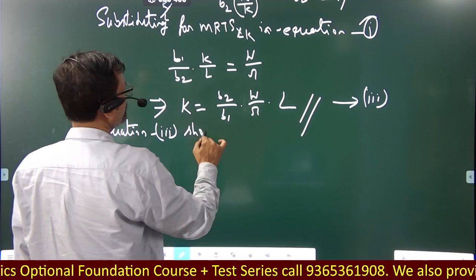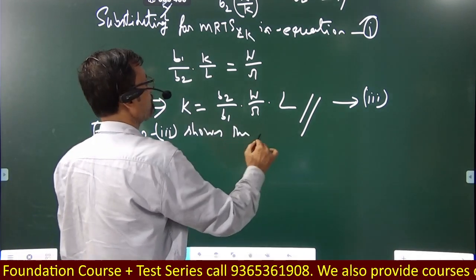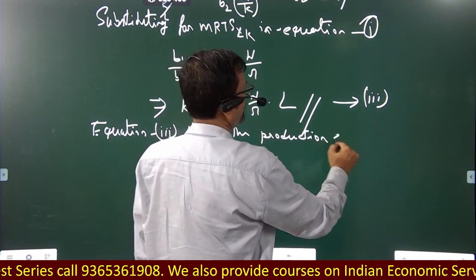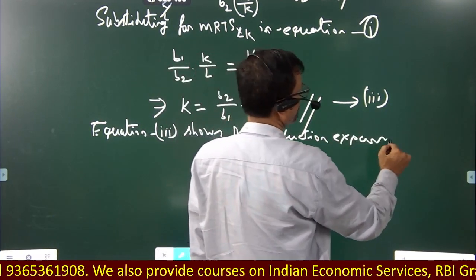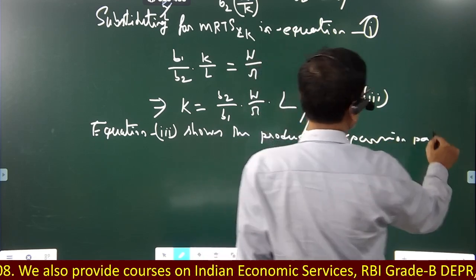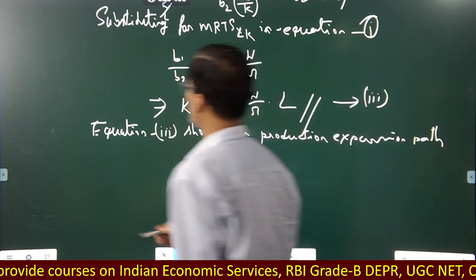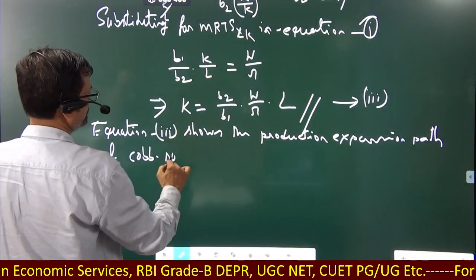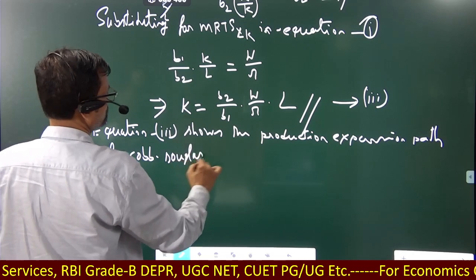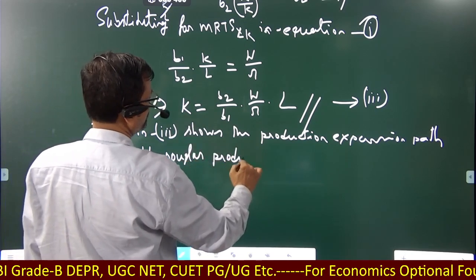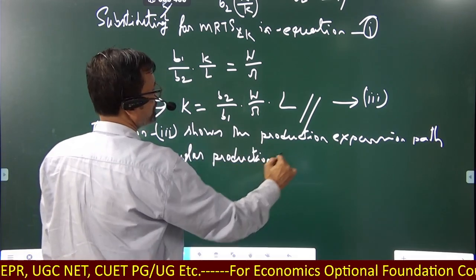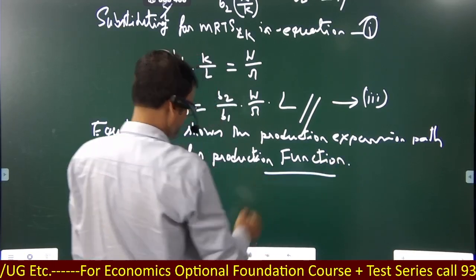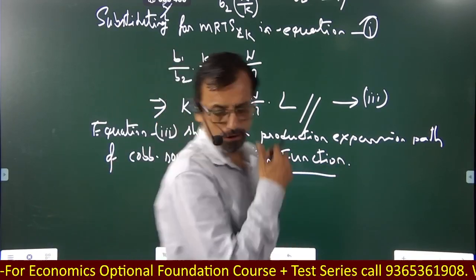Equation 3 shows the expansion path of the Cobb-Douglas production function. This is the conclusion of our answer.